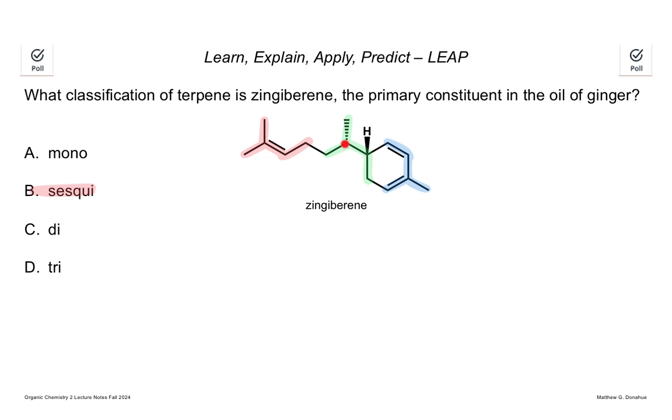So overall, that carbon has 4 different substituents: a methyl group, a hydrogen, this whole ring, and then this chain. So that ends up being a stereogenic carbon. And remember, that means 4 different substituents.